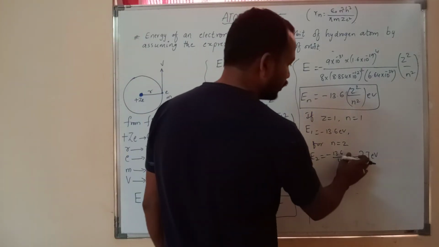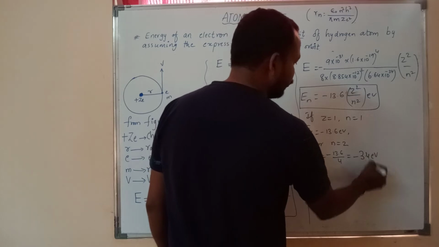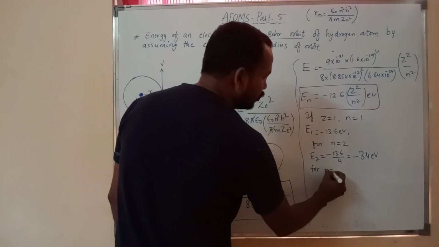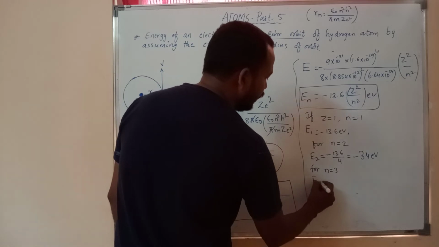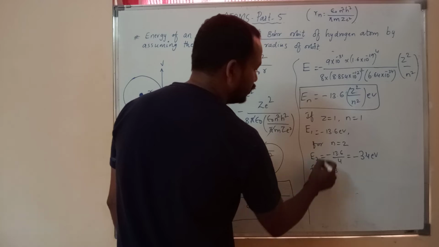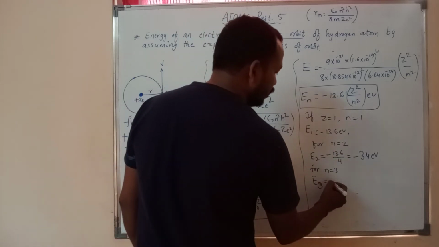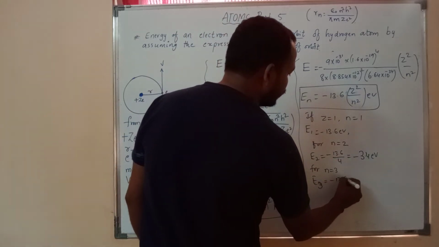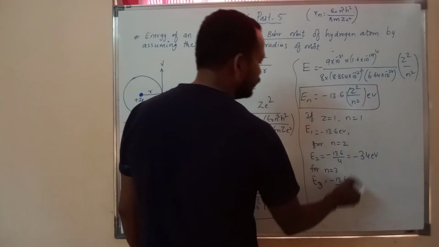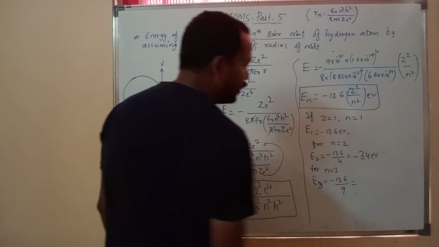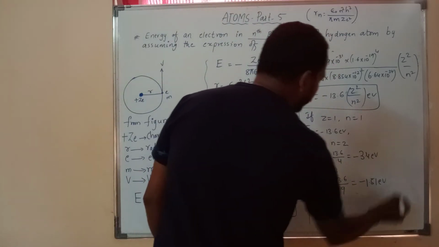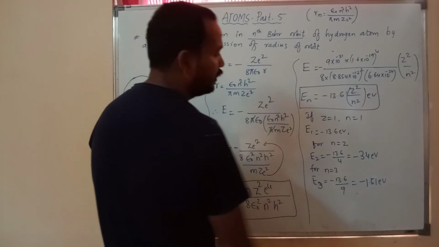Correction here, it's not 3.7, it's minus 3.4 electron volt. For the third orbit, n is equal to 3, which is E3. The third orbit energy is equal to minus 13.6 divided by 3 square, which is 9, which would be equal to minus 1.51 electron volt, and so on. We can calculate.